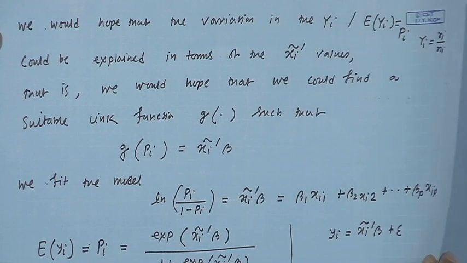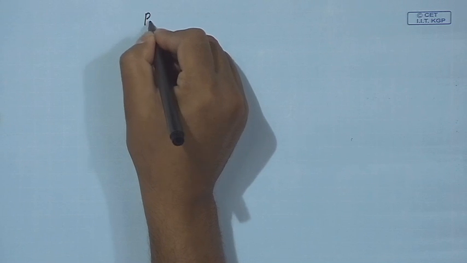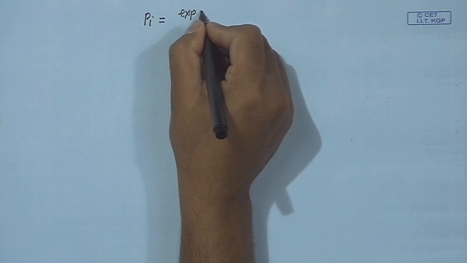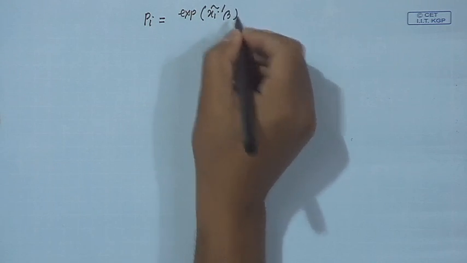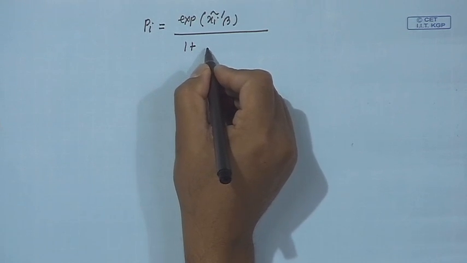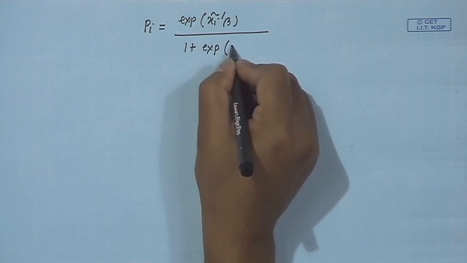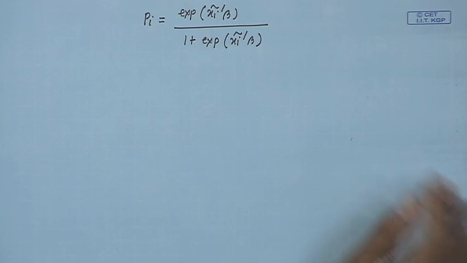So, the model we got finally is p_i equal to exponential of x_i prime beta by 1 plus exponential of x_i prime beta, right.